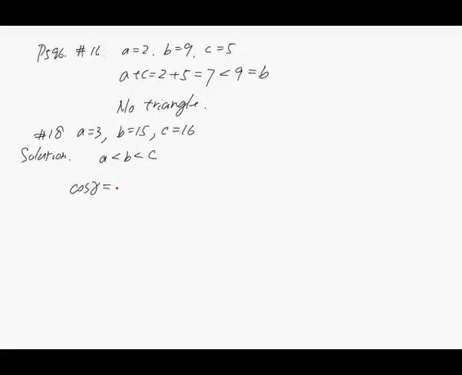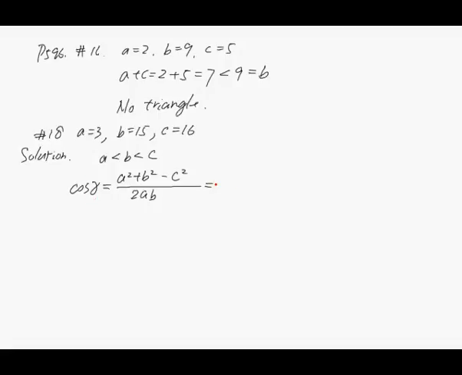By the formula we just got in one of the previous problems, we know cosine gamma is equal to a squared plus b squared minus c squared over 2ab. We solve one of the formulas in the law of cosines to get this formula for cosine gamma.